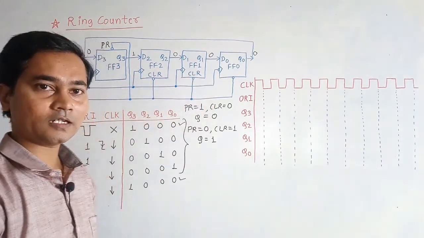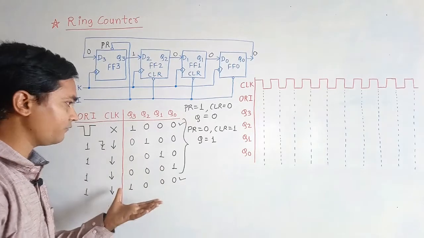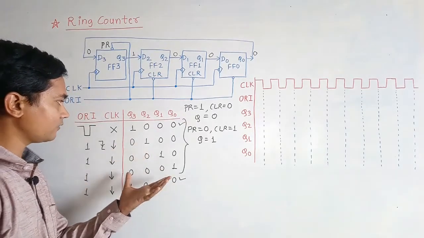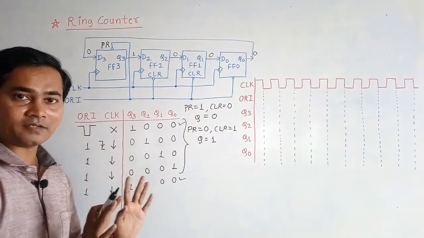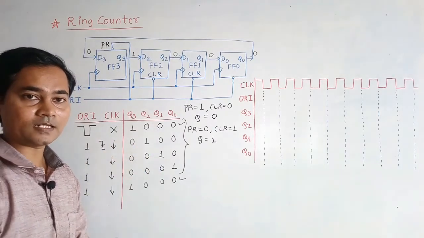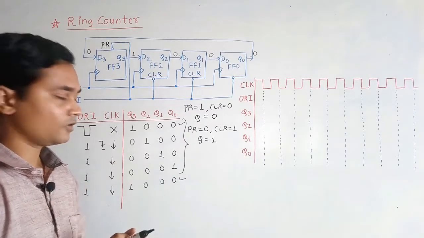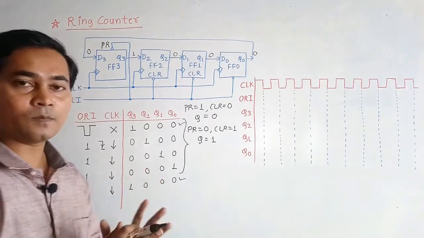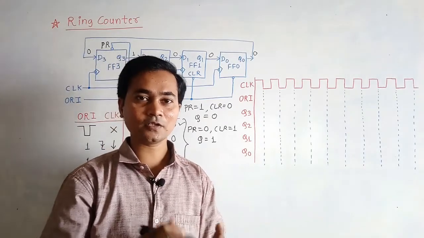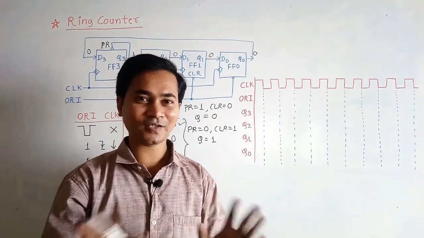So from this truth table we can conclude that the simple ring counter is having only 4 combinations. That means the number of combinations will be equal to the number of flip-flops only. It is not like 2⁴ equal to 16 combinations. It is not like that.